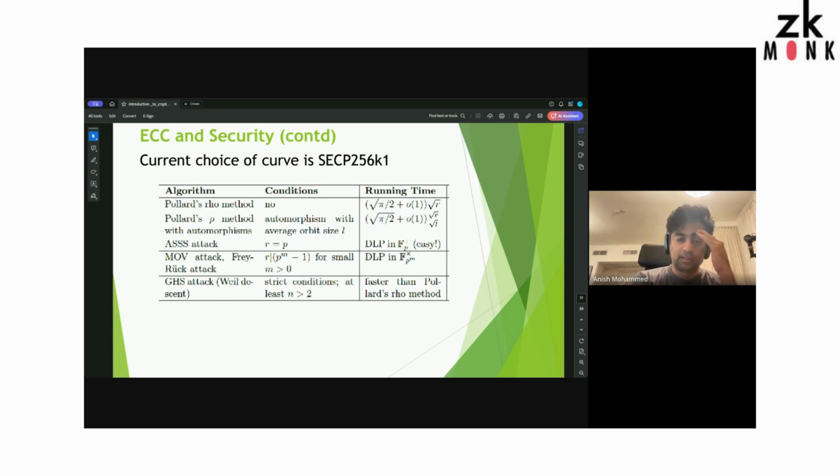So the running time for most of these things is quite high. It's non-linear, right? So almost NP, right? When you increase the key length, the time it takes for you to brute force it increases non-linearly.